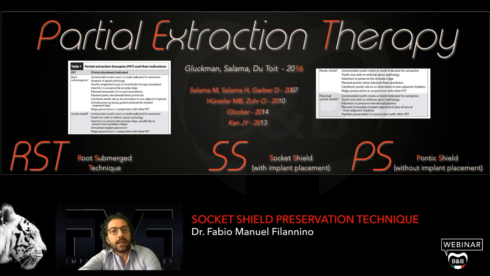And then Kan in 2013 described the technique to keep the interproximal shield to maintain the bone peaks interproximal in the interproximal area where we have to extract the tooth.